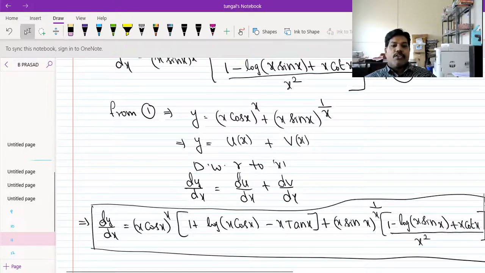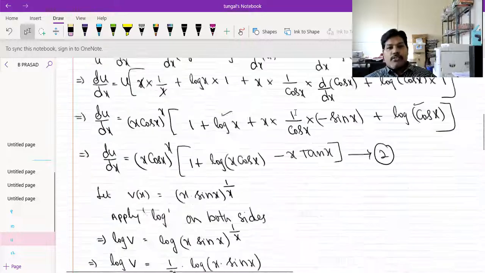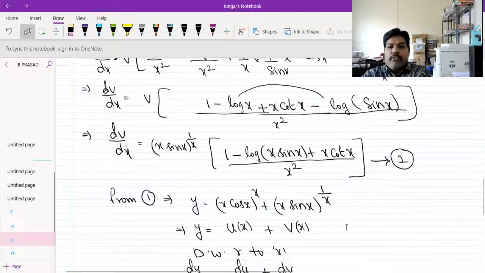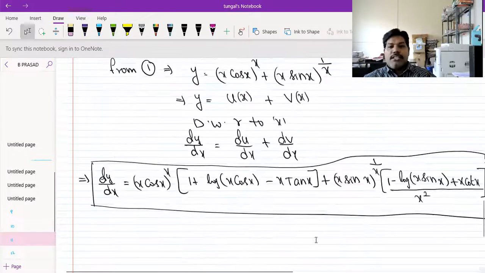After getting these two values, replace from equation 2 and equation 3, first function derivative and second function derivative. Then we will get the dy by dx value.